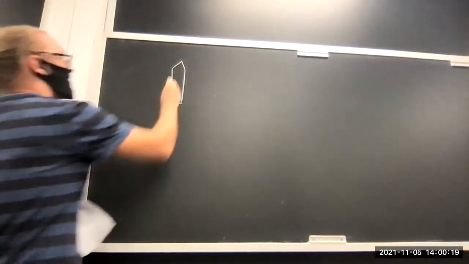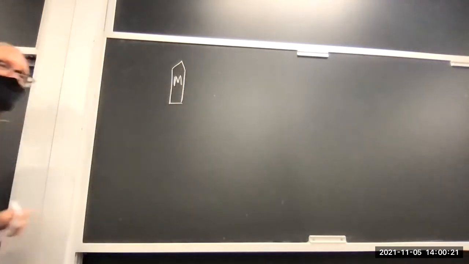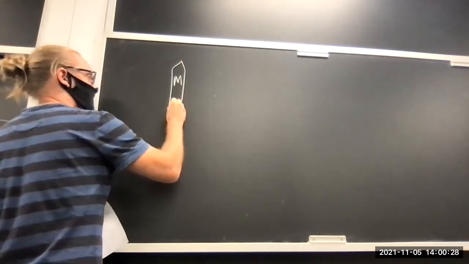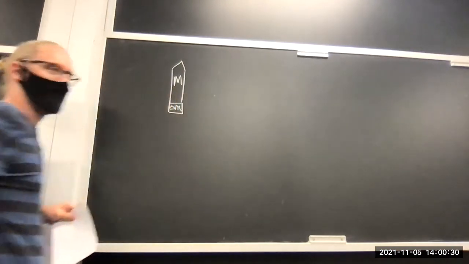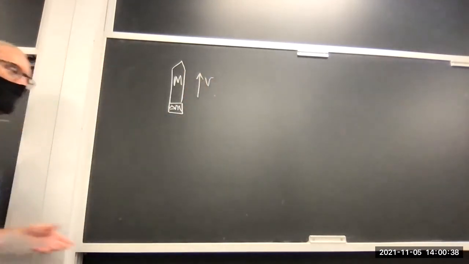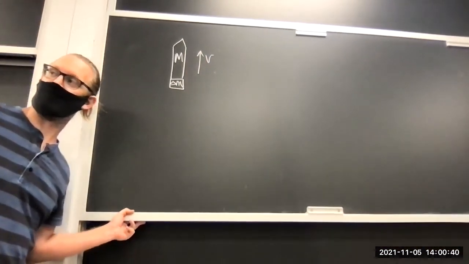So here's my rocket. I have a rocket that is given with a mass of capital M. Attached to that rocket is some little piece of fuel that I will call delta M. And this rocket is moving with a speed of v. Okay with that?